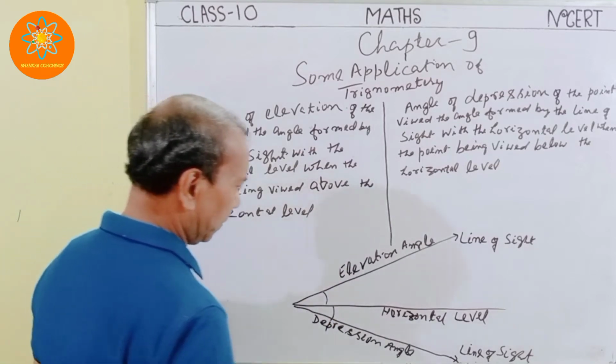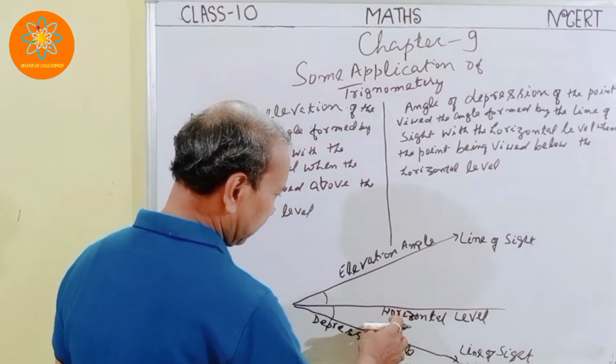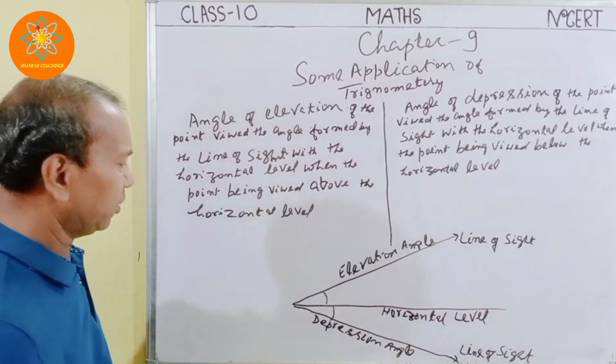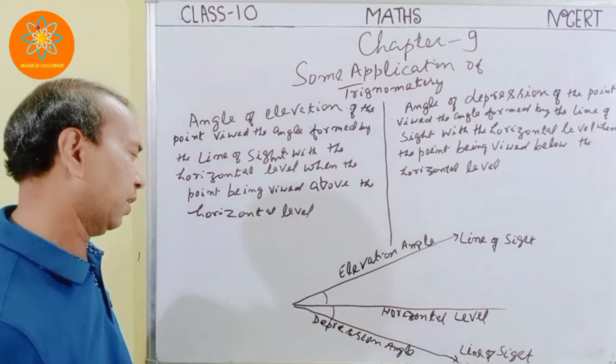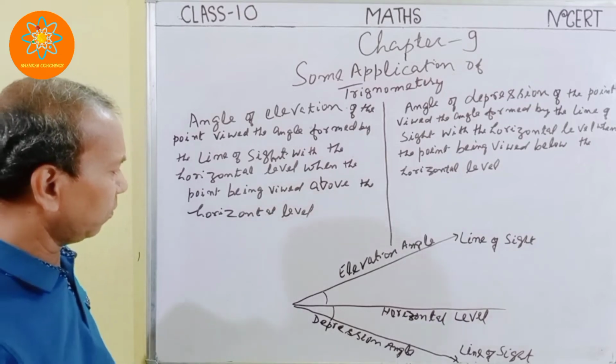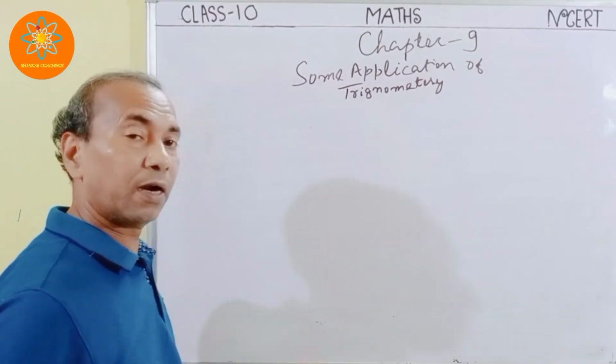And if the line of sight is below the horizontal level, then that is called the depression angle. Okay. Now we will see few numerical problems.